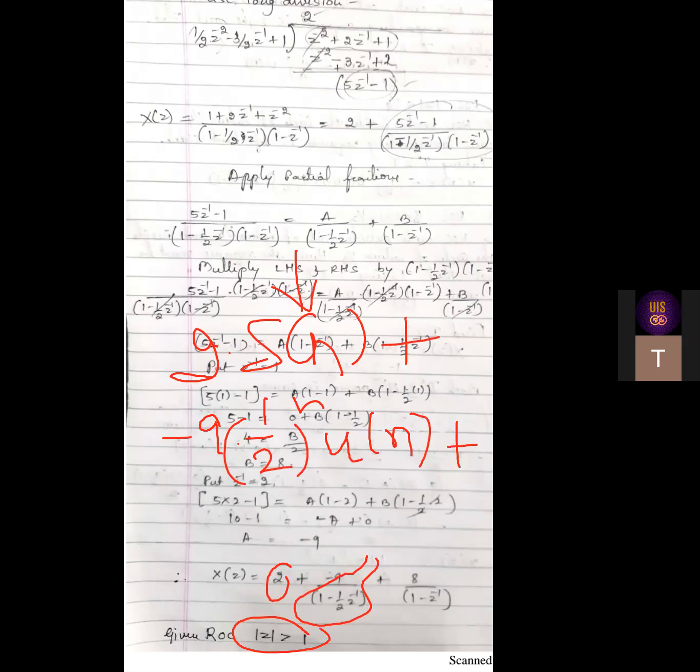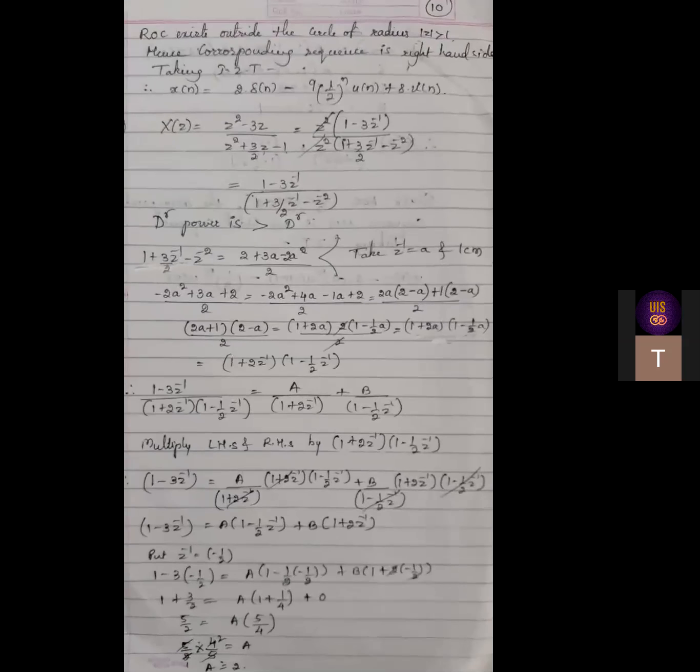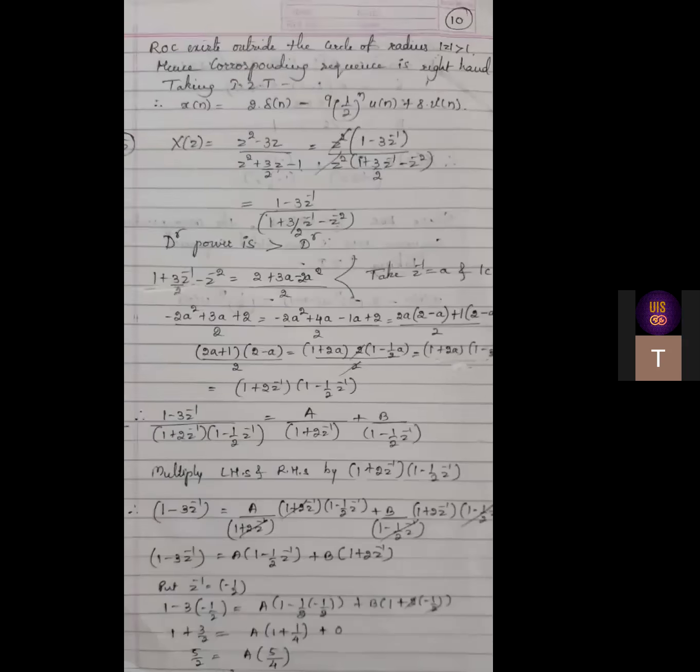Plus 8 into the next, 1 by 1 minus z inverse, which is nothing but u of n. So these are the three terms which are there in your x of n. That's what is written here. If you see, that's what we have found out. Finally, x of n is equal to 3 terms.